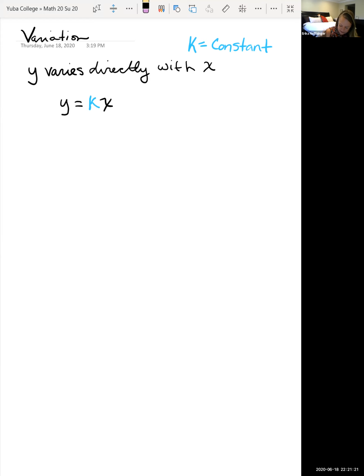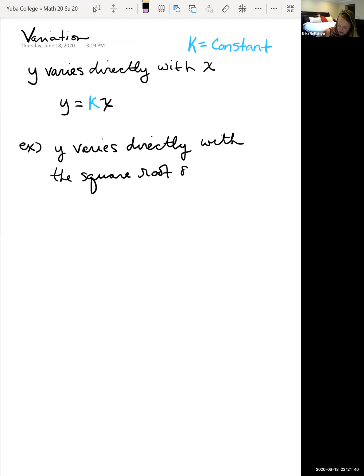So for instance, if it says y varies directly with the square root of x and z cubed.